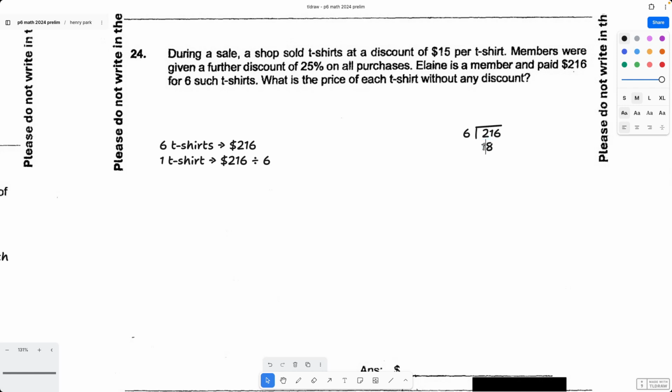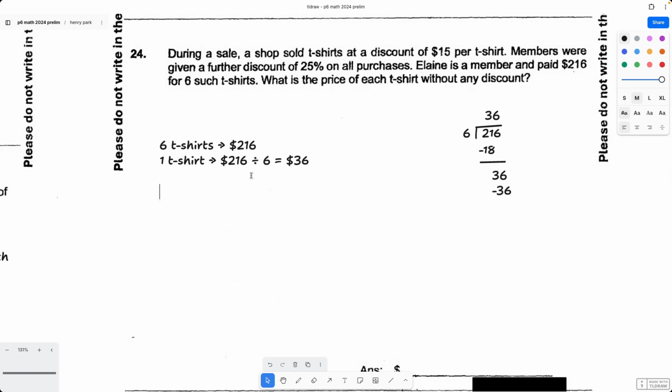So minus 18 over here. What gives us 18? 3 times 6. And then this will give us 21 minus 18 is 3. And then we put 6 down. So minus 36. So 1 t-shirt is equal to $36.